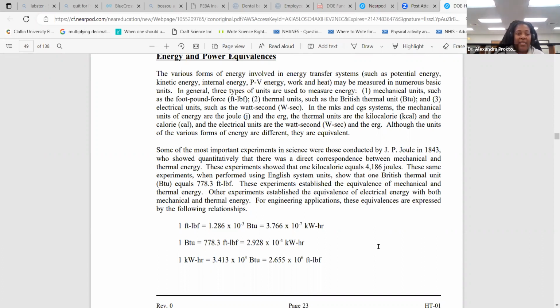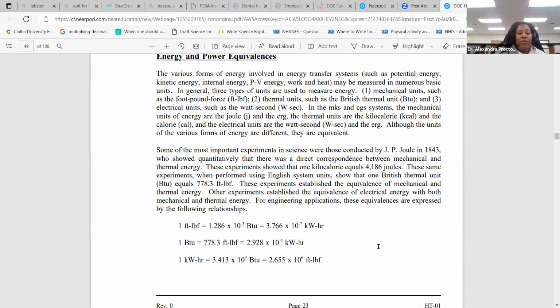These same experiments, performed using English system units, show that 1 BTU is equal to 778.3 foot-pound force. That's another conversion factor. These experiments established the equivalence of mechanical and thermal energy, and the equivalence of electrical with both mechanical and thermal energy.